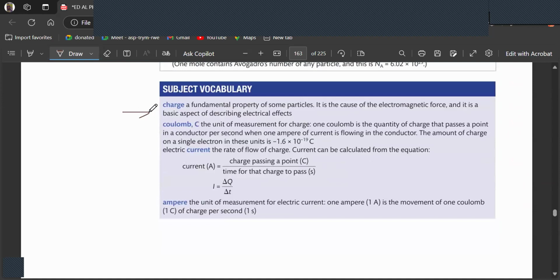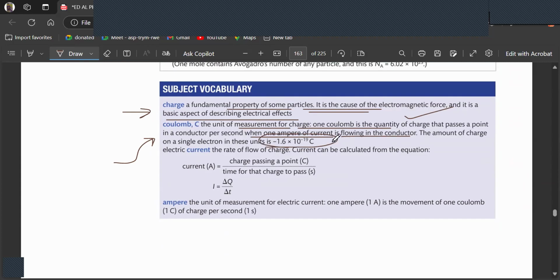So charge is a fundamental property of some particles. It is the cause of electromagnetic force and a basic aspect of describing electrical effects. Coulomb is the unit of measurement for charge, and 1 coulomb is the quantity of charge that passes a point in a conductor per second when 1 ampere of current is flowing in the conductor.